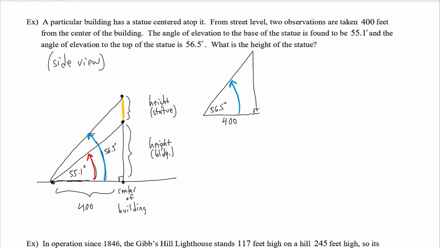So using color, it'd be this right triangle. That's what I just drew over here. That one. And then I'm going to do a smaller right triangle, the smaller one where this is 400. This is 55.1.